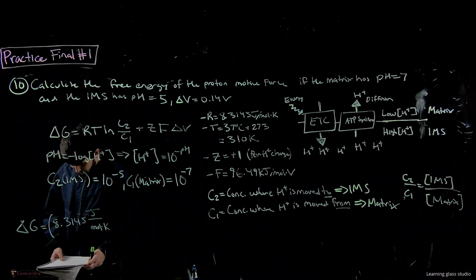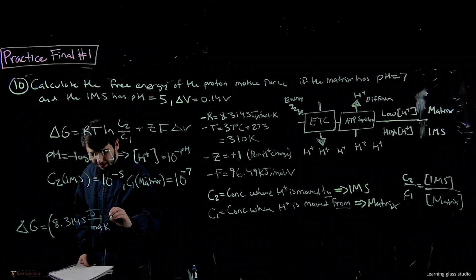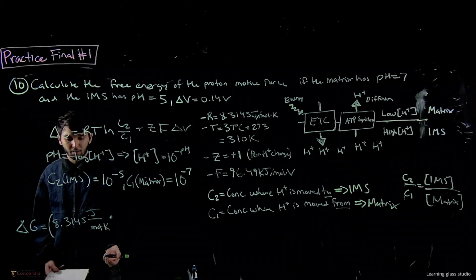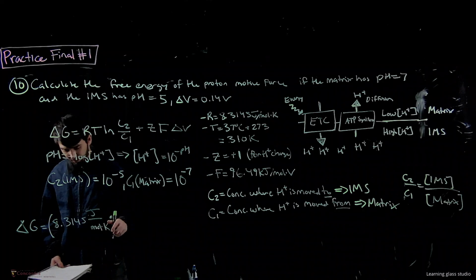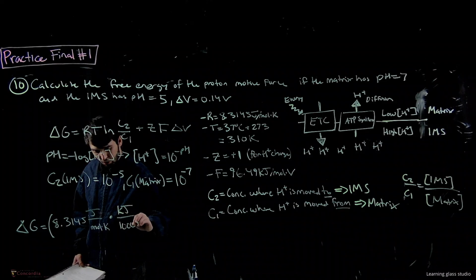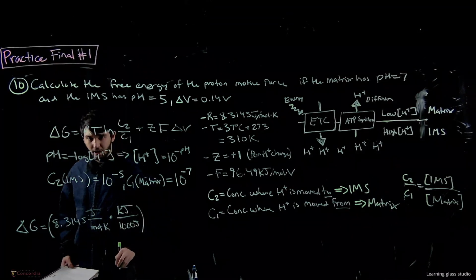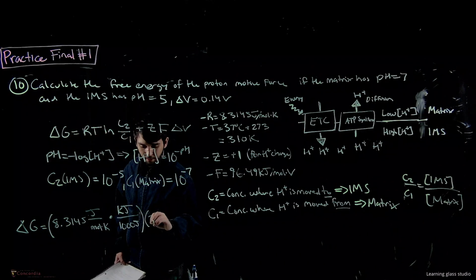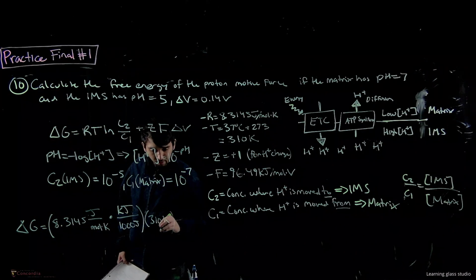Why am I multiplying this? We're going to multiply it to convert joules into kilojoules. In 1 kilojoule, there are 1,000 joules. Then R times T, 310 Kelvin.